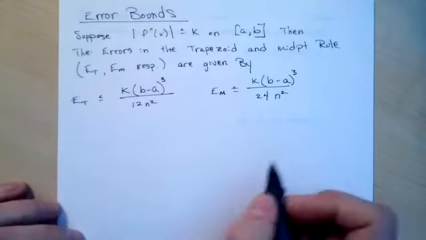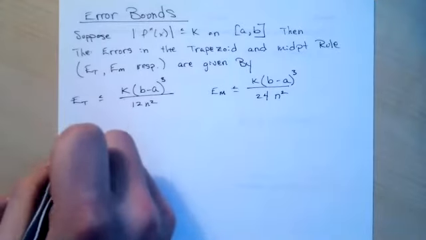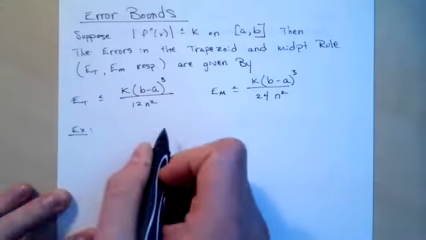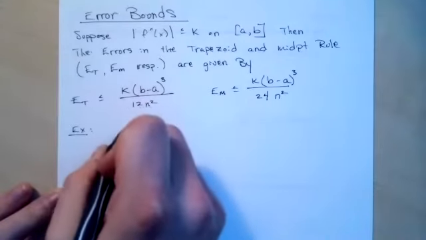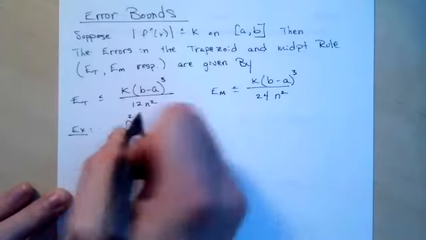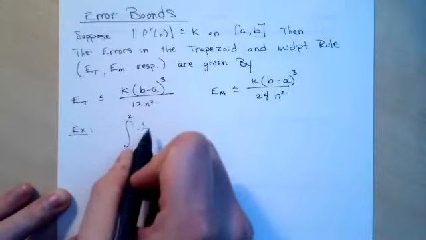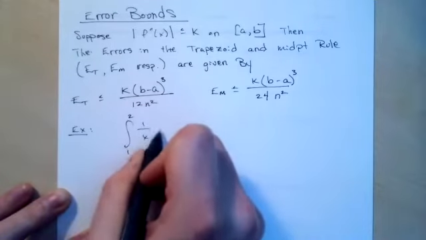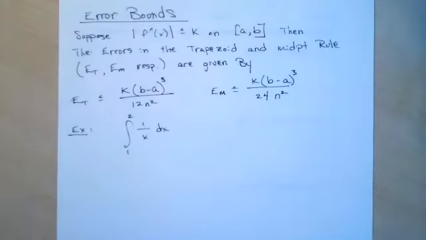Here we go. So we want to do 1 over x. That's a pretty reasonable function. Not too difficult. In terms of computations, we won't get crazy decimals. We can still use some fractions.